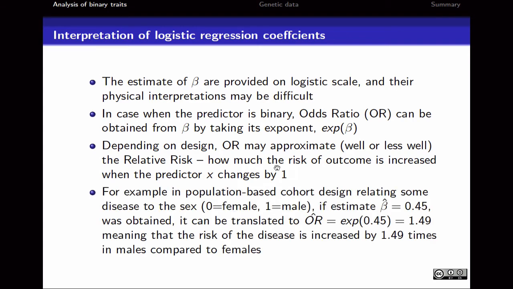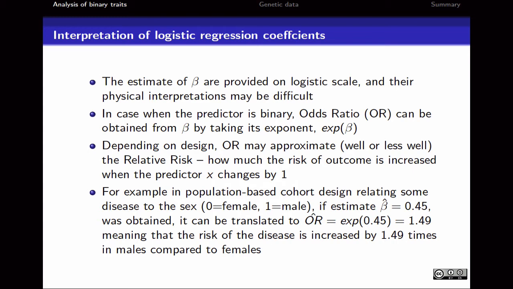To give you an example, if a population-based cohort design relates some disease to sex, and we code sex as 0 for female and 1 for male, if you obtain the estimate of beta of 0.45, then this could be translated to the odds ratio, which would be exponential of 0.45, which is 1.49.